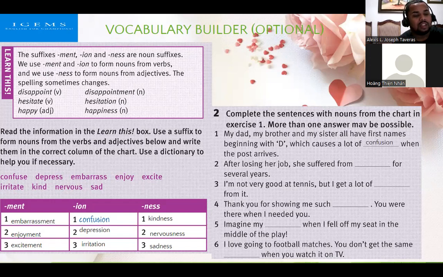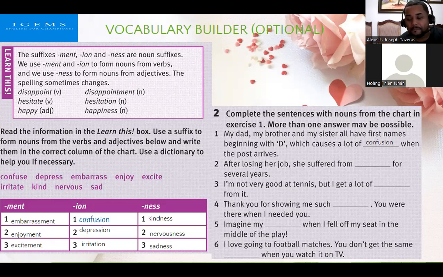For example, look at this. My dad, my brother, and my sister all have first names beginning with V, which causes a lot of confusion when the post arrives. Something common. It happens with my children, I mean.